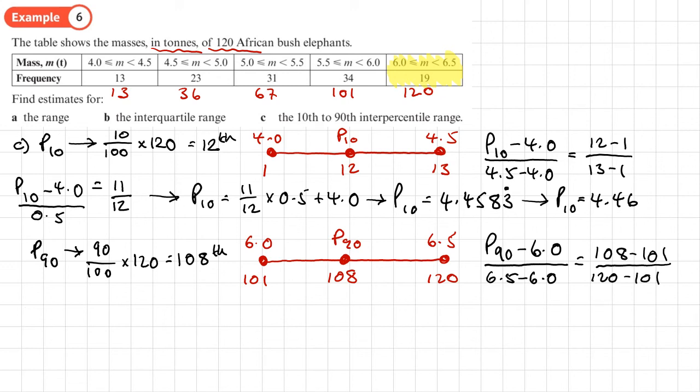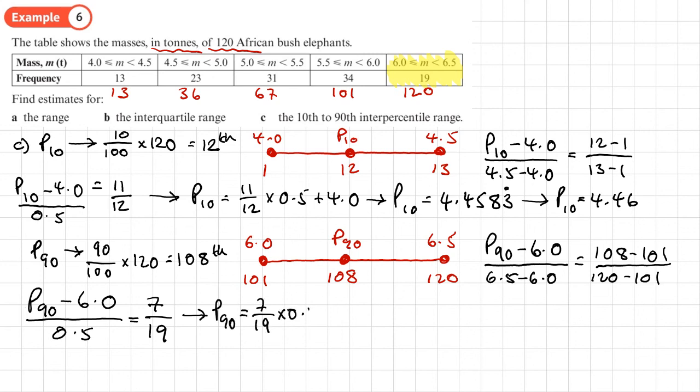So that gives us P90 minus 6.0 over 0.5 equals 108 minus 101 is 7 over 19. So from there we can say that P90 is equal to 7 over 19 times 0.5 plus 6.